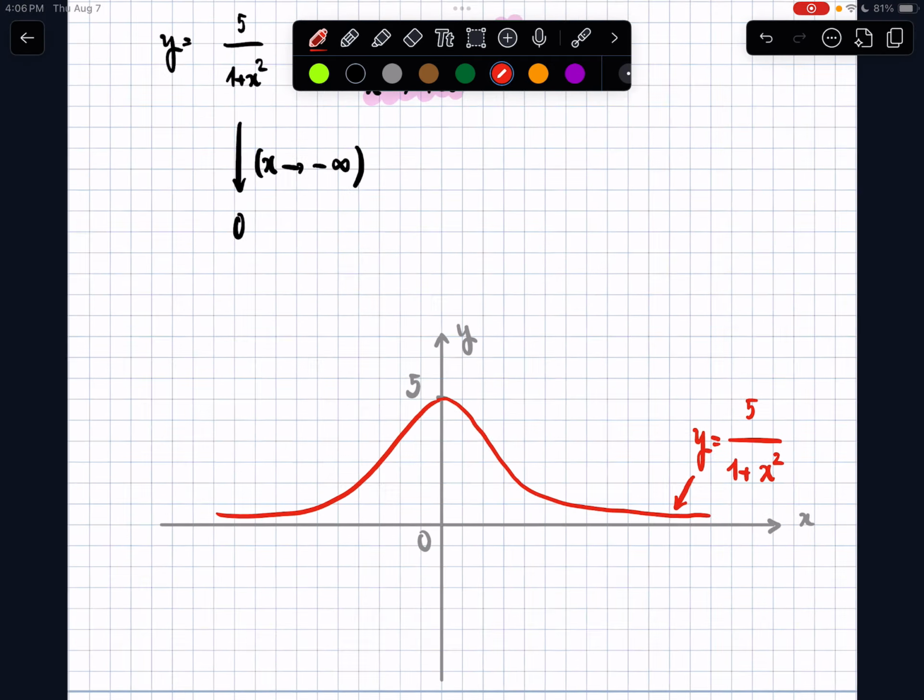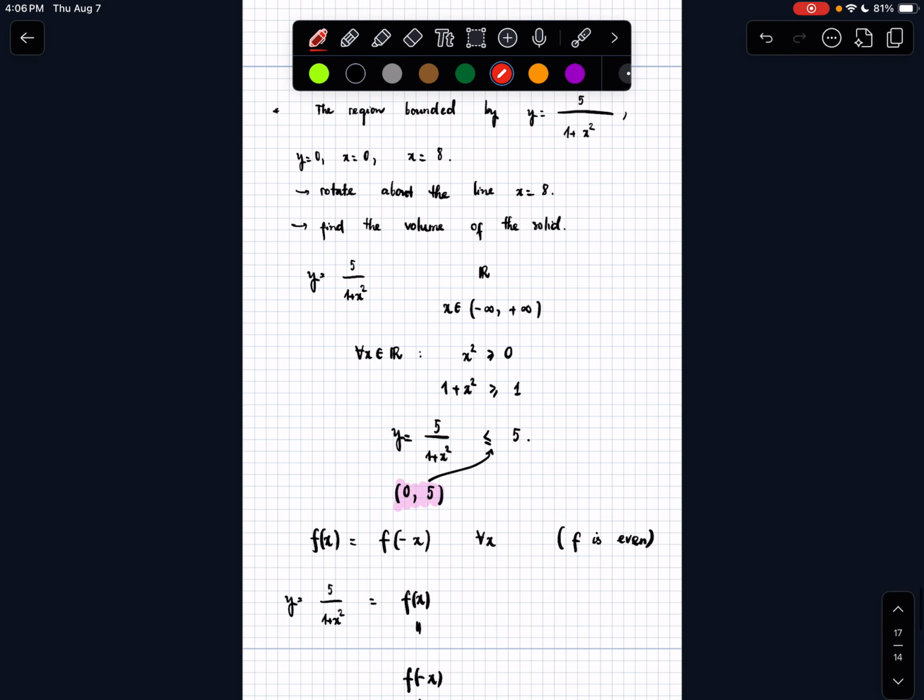And we have three other lines: y equals 0, x equals 0, and x equals 8.